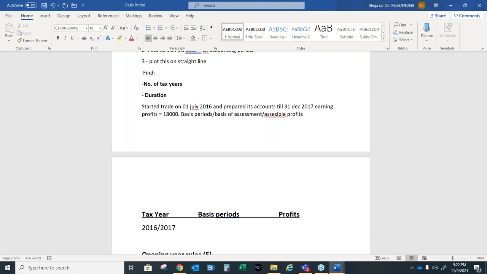So you have to identify the first tax year correctly. Once it is identified, it will be very easy for you to move on.